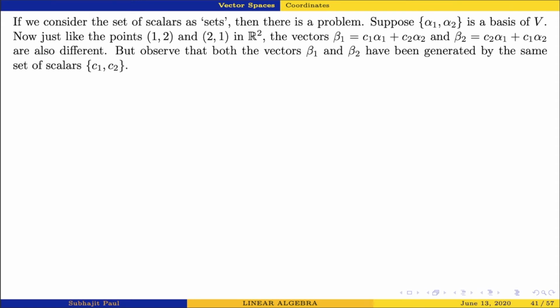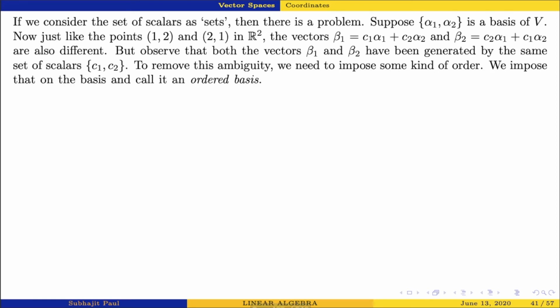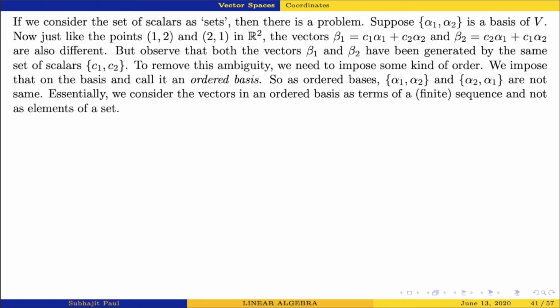So to remove this ambiguity, we need to impose some kind of order. We impose that on the basis and call it an ordered basis. So alpha 1, alpha 2 and alpha 2, alpha 1 are not the same. Essentially, we consider the vectors in an ordered basis as terms of a finite sequence and not as elements of a set.